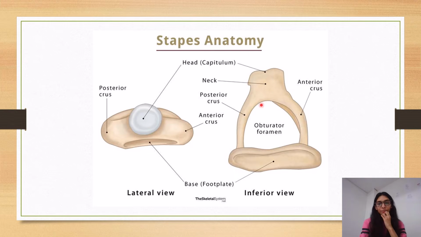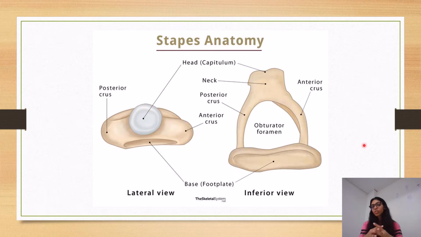The gap between the anterior crus, the posterior crus, and the footplate is called the obturator foramen. And if you see, this footplate is attached to the oval window. The stapes is the smallest bone in the human body, and also the smallest ossicle.